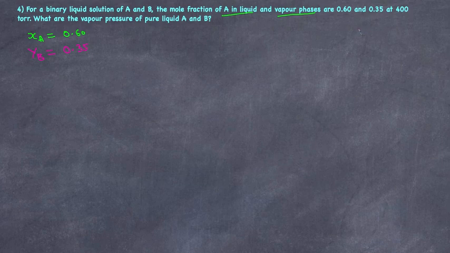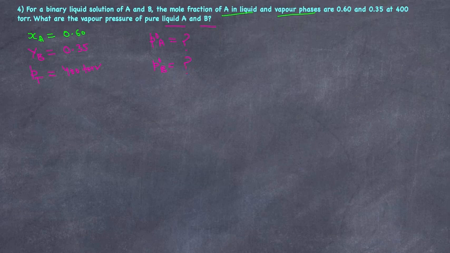So 400 is basically the total pressure, P total, 400 torr, because it's a binary solution at 400 torr. And they're asking what are the vapor pressures of pure liquid A and B. So that means we need to find P naught A and P naught B.